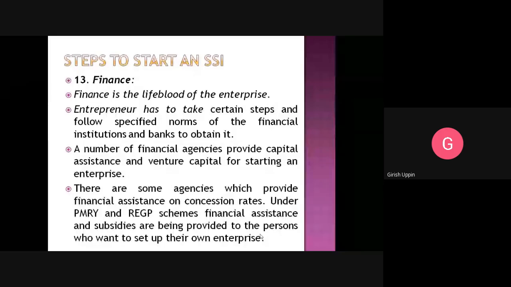There are certain schemes for particular sectors, like if you are setting up your enterprise in a rural area. So those are the different policies that will govern what kind of subsidies can be given. And if you are eligible under those schemes, then the agencies will help with providing the subsidies or the rebates.